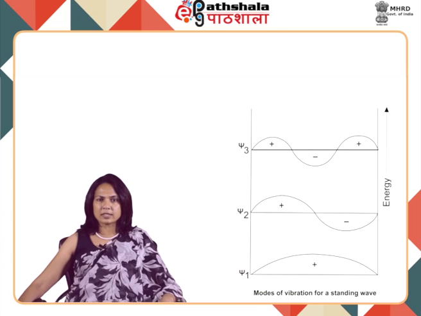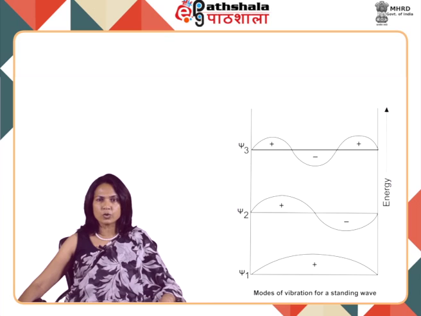Now you can see the diagram showing the modes of vibration for a standing wave. This diagram shows the first three possible modes of vibration for a particle in a box. As can be seen, in the first mode, that is psi 1, the amplitude of the wave increases from 0 to a maximum and then comes back to 0 again.